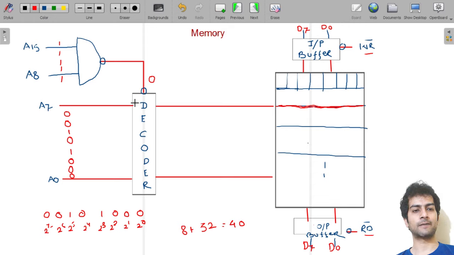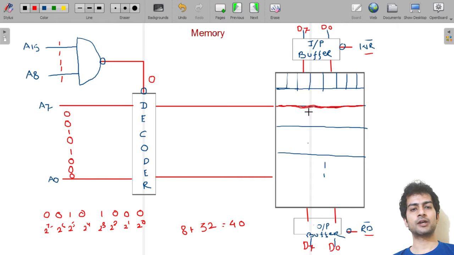The decoder helps us in selecting memory locations by converting the given input into its decimal equivalent. I also told you the function of the input buffer and the output buffer, and how we can call it RAM and how we can call it ROM.